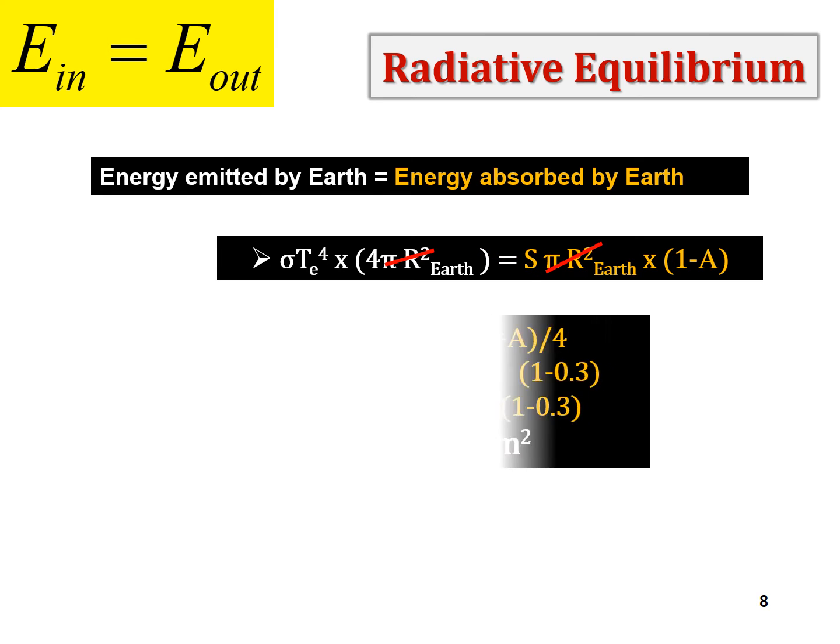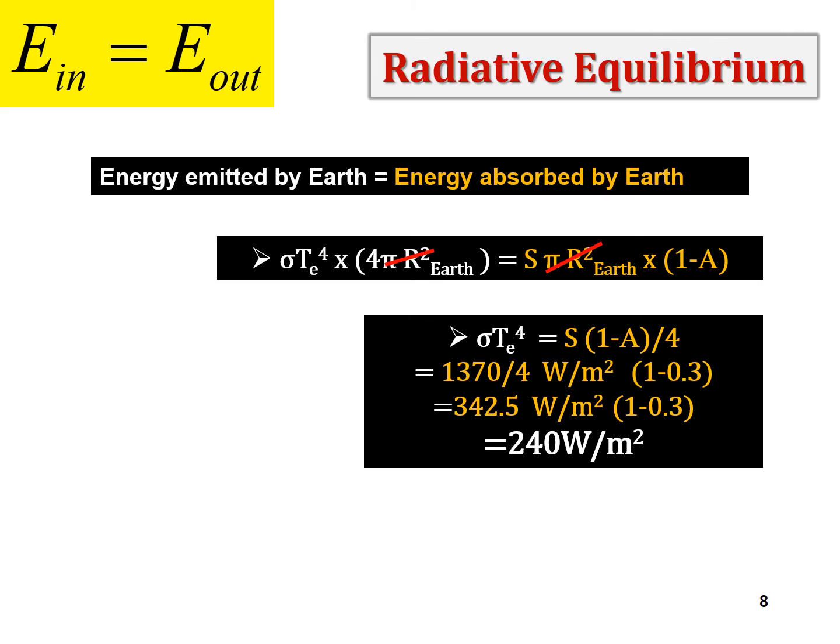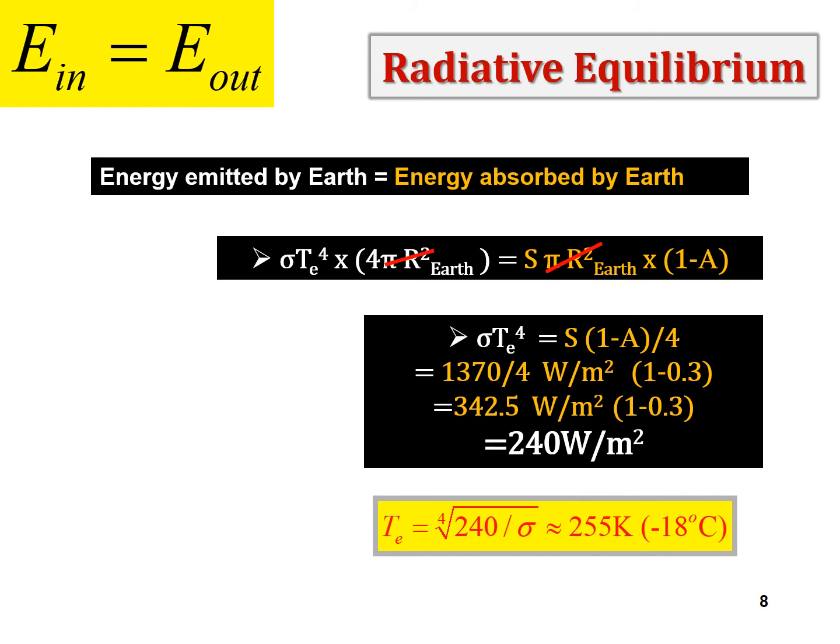So we have this equation: sigma T to the fourth power equals the solar constant times one minus albedo over four, where albedo A is 0.3 and the solar constant is 1370. Based on this equation, we can solve for the Earth's temperature. The Earth's temperature is minus 18 degrees C.